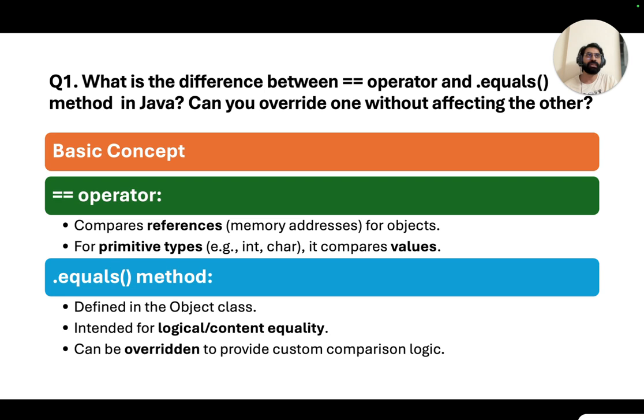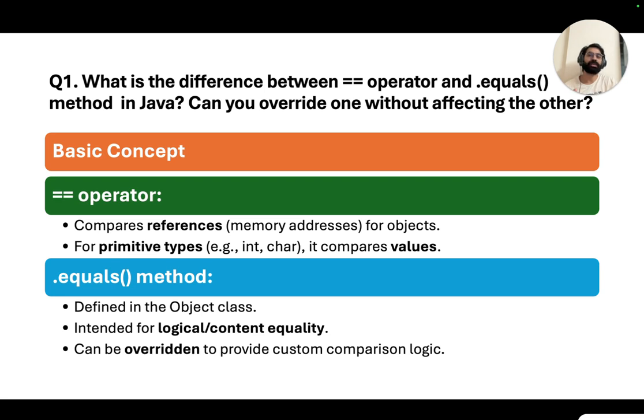If you want to check whether those two objects have the same or a different memory location, then you can use the == operator. So this means the == operator compares the memory address for objects, and for primitive types like integer and character, it compares the value.